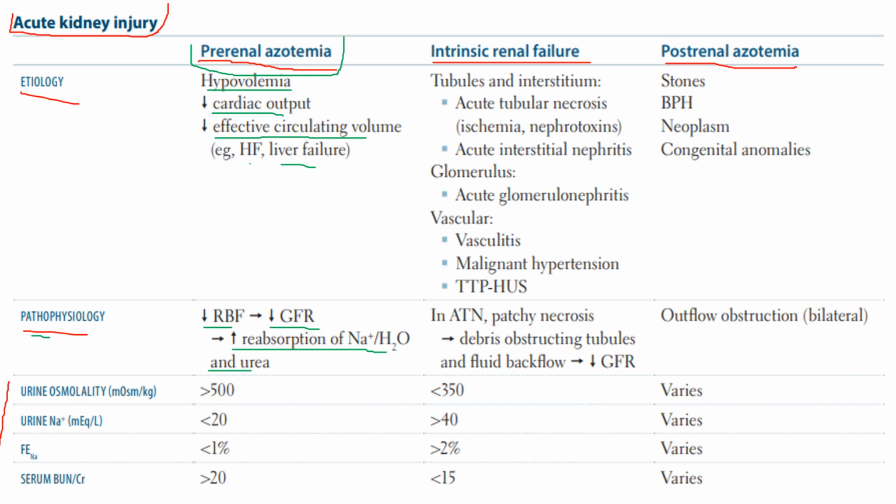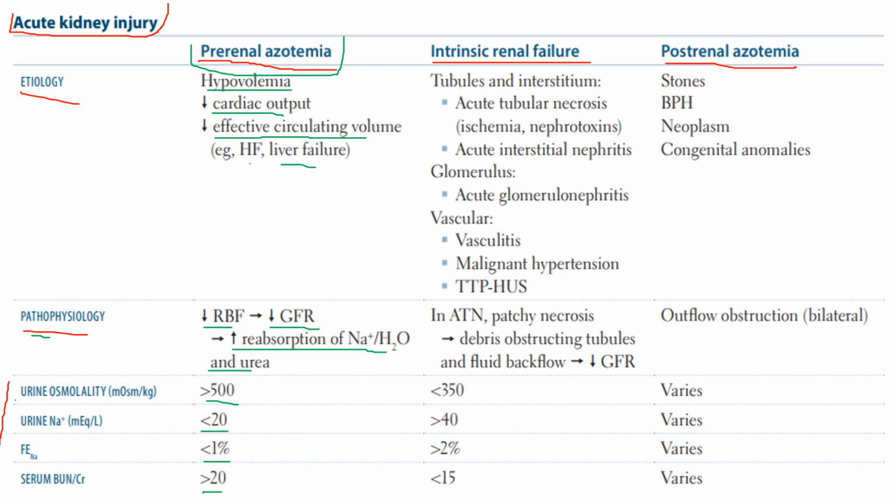Laboratory findings: urine osmolarity is greater than 500, urine sodium is less than 20, fractional sodium excretion is less than 1%, and serum blood urea nitrogen to creatinine ratio is greater than 20.